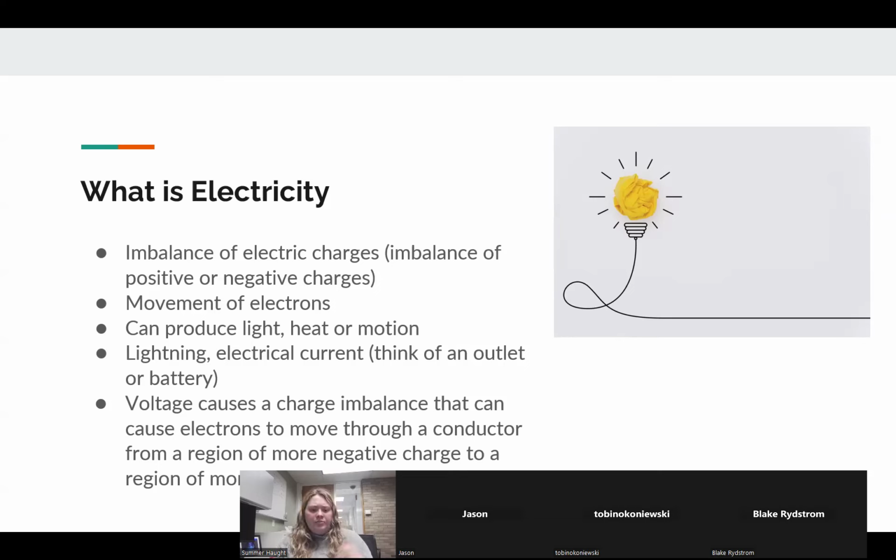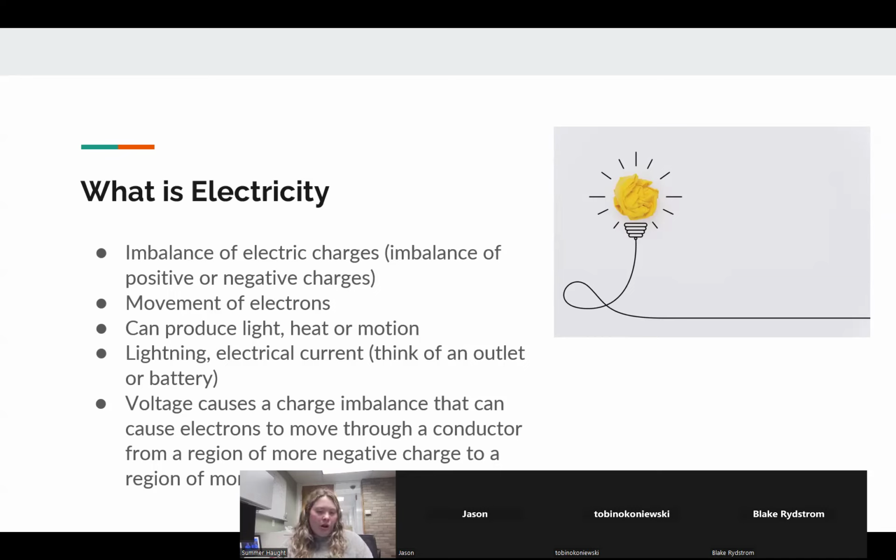The other thing to note is that voltage causes a charge imbalance that can cause those electrons to move through the conductor from one region of a more negative charge to a region of a more positive charge. The reason I put that in there is because in a minute we're going to talk about magnetism and the relationship between the attraction and repulsion of objects. And that's important for electricity as well, right?